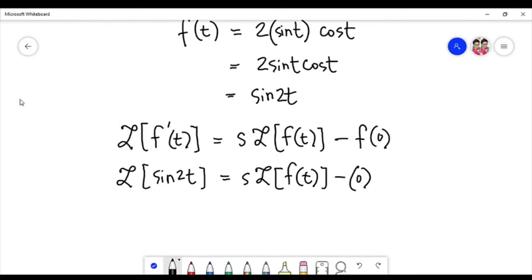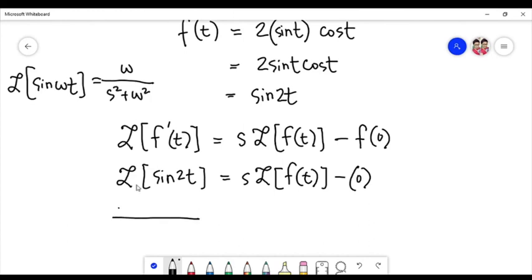Remember the formula: the Laplace transform of sine of omega t is equal to omega over s squared plus omega squared. So this will become 2 over s squared plus 2 squared, which is equal to s times the Laplace transform of f of t.